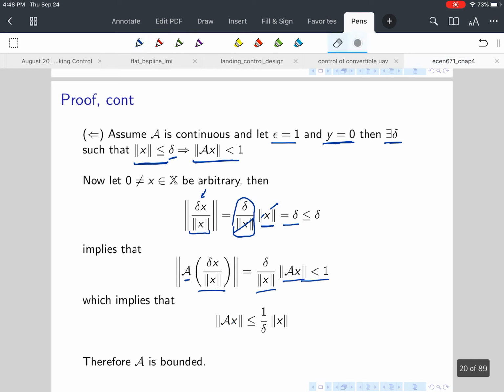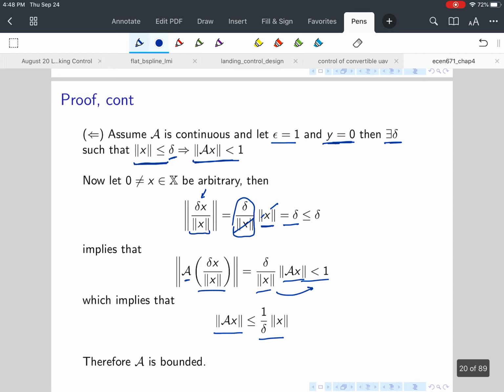And that implies, by multiplying to the other side, that the norm of Ax is less than or equal to 1 over delta times the norm of x.